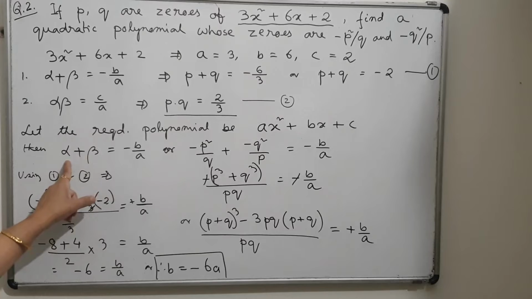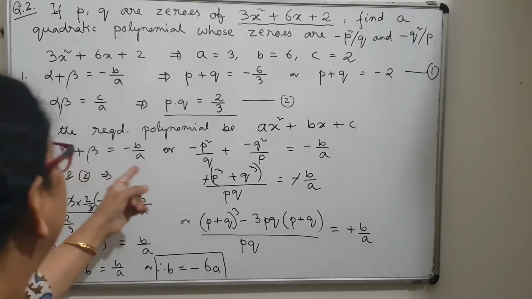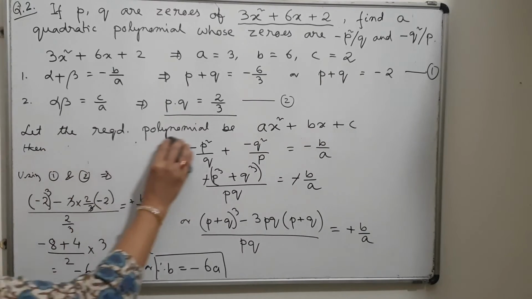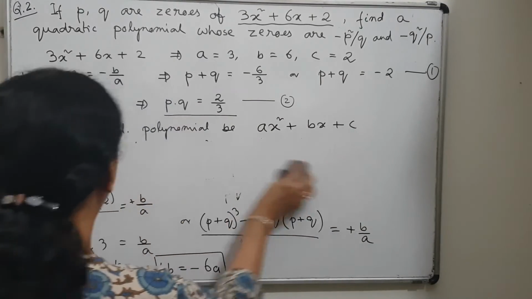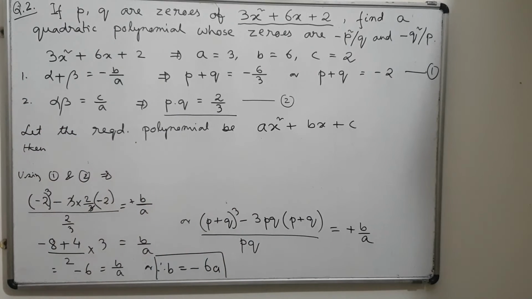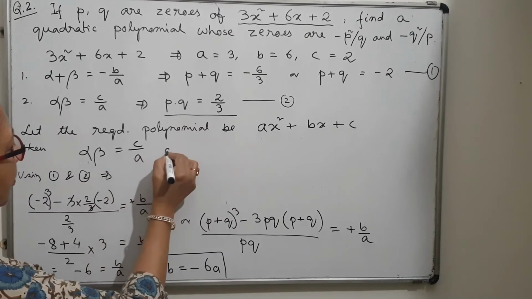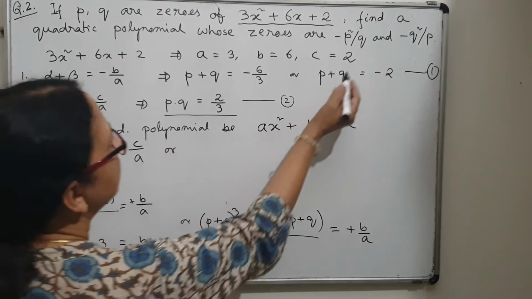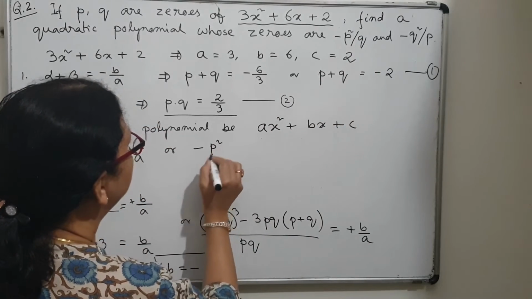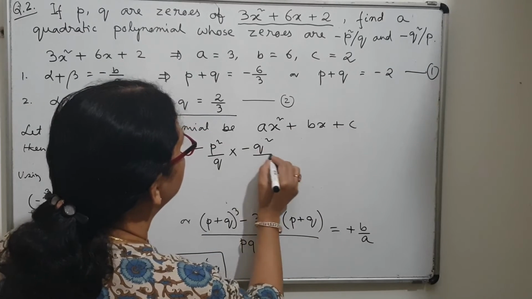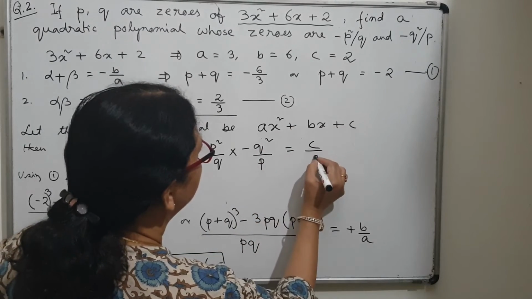Using this I got the sum of the zeros, minus b upon a. Now I'll use the second relation, that is product of the zeros is c upon a. What is alpha for this polynomial? It is minus p square by q, and beta is minus q square by p, and that is c upon a.